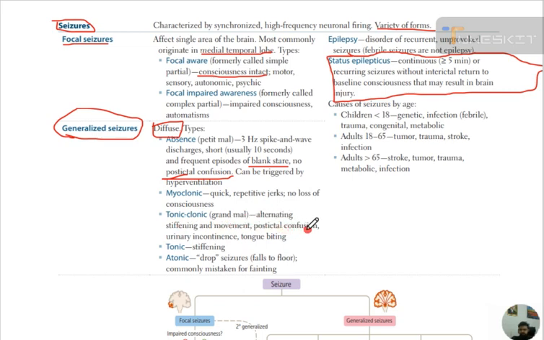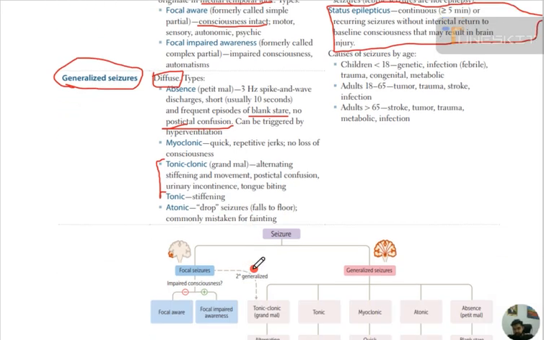Post-ictal confusion is present. There is urinary incontinence or tongue biting might be present. So it is an important thing to remember. Tonic is stiffness. Atonic means drop in tone, or drop seizures. Fall to the floor, commonly mistaken for fainting. So it is not fainting.